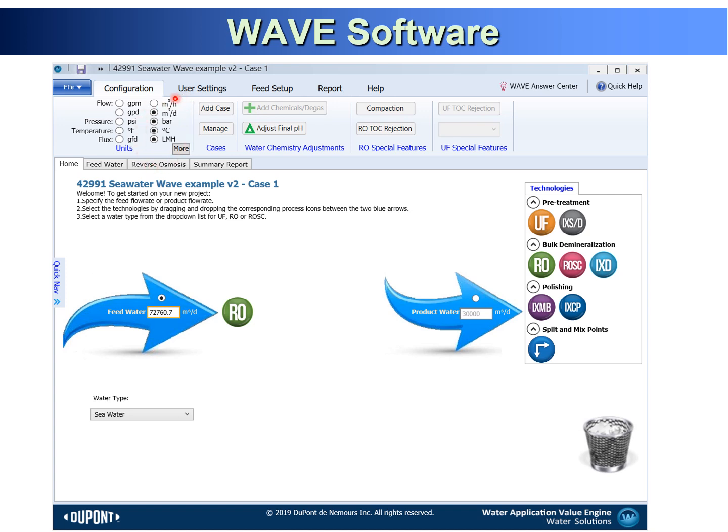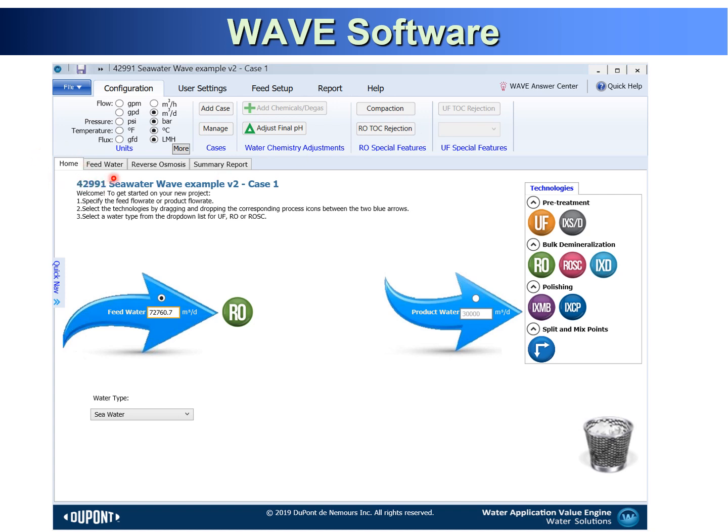So you can select your familiar unit conversion, and User Settings, Feed Setup, Report, and Help.